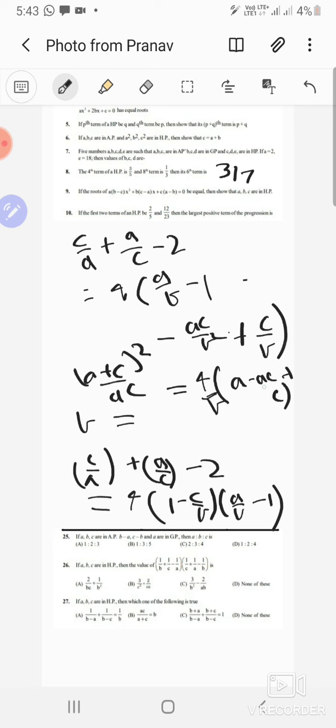This is supposed to be ac upon b, one of them is left over. Fine, so you do get this on our left hand side, and then over here you will have 4 upon b squared into ab plus bc minus abc, something like that. You have a plus c somewhere, and then you have this thing somewhere.